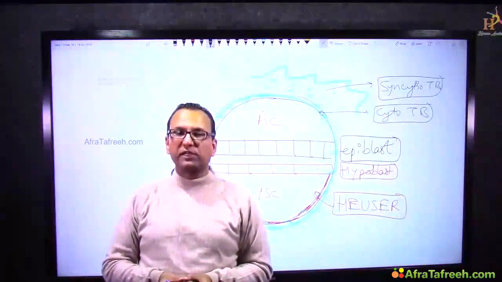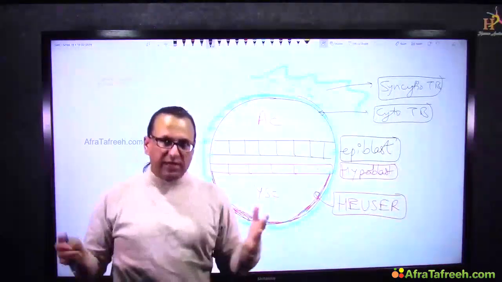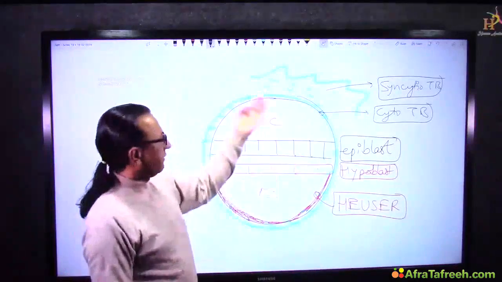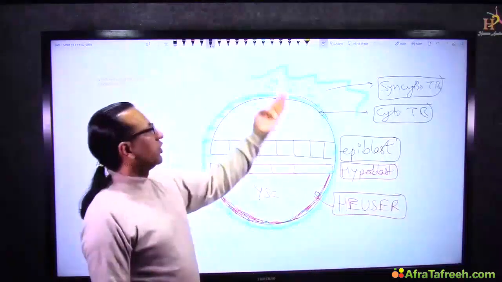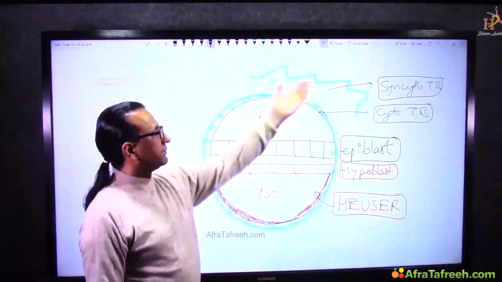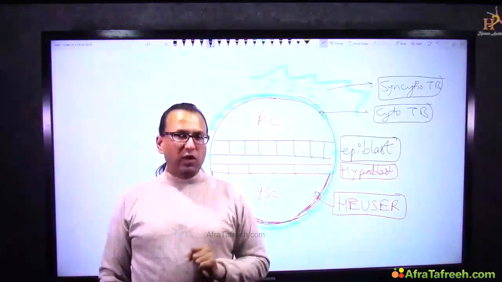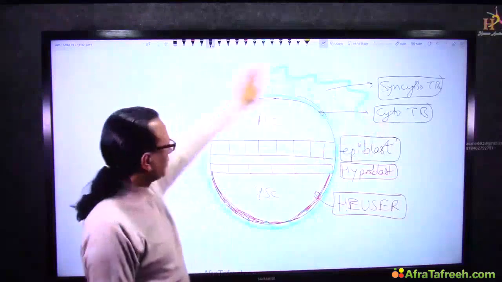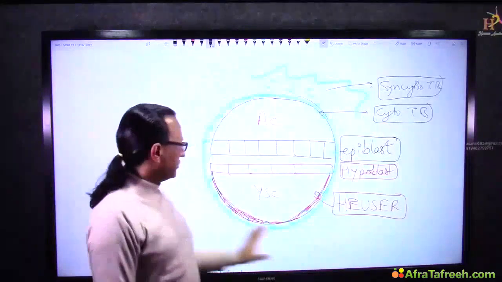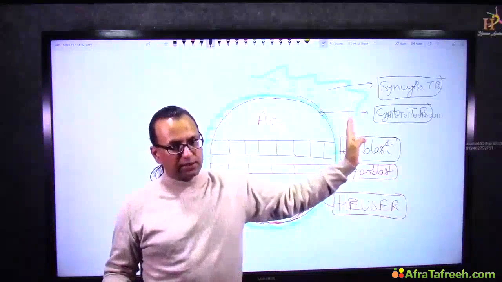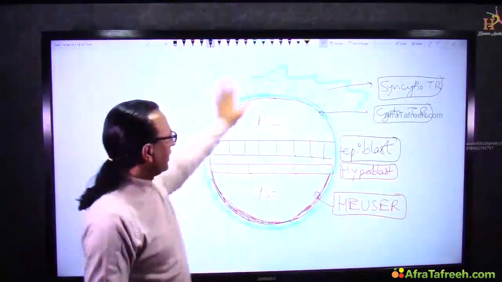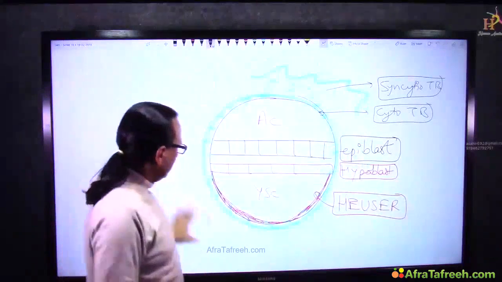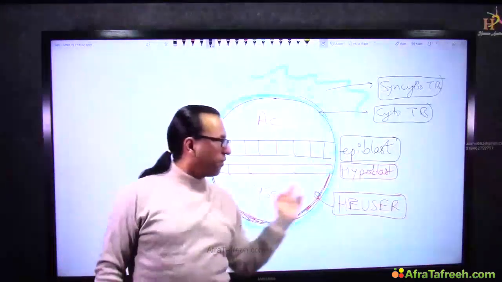Yes, two types of cells are there in the second week. The second week is the week of twos, meaning epiblast, hypoblast, amniotic cavity, yolk sac cavity, and cytotrophoblast, syncytiotrophoblast. Okay, now somebody told us that it is the trophoblast which is going to form the extra embryonic mesoderm, but then somebody else is telling it is formed by the epiblast. Then there is somebody else who is telling no, extra embryonic mesoderm is formed by hypoblast.